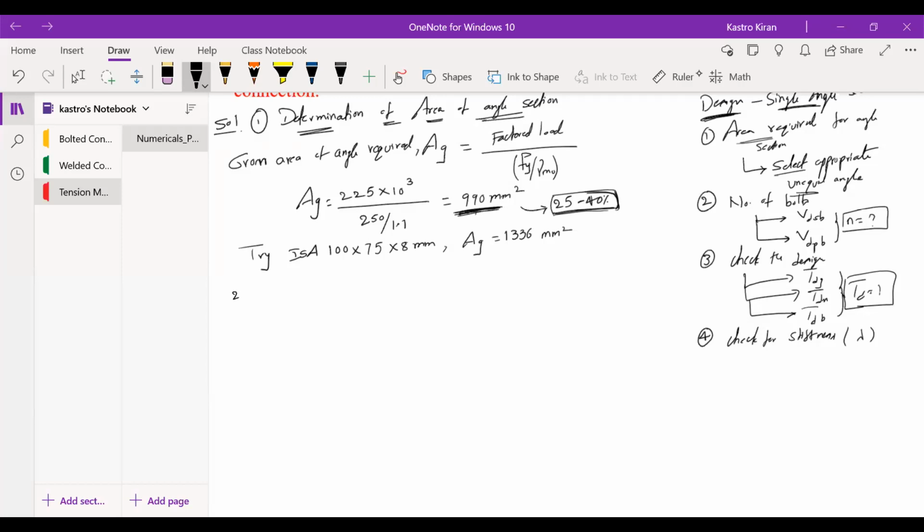Now the second thing is we need to find out the number of holes, or determination of holes. So how will you determine the holes? We know the number of holes n equals factored load divided by bolt value.